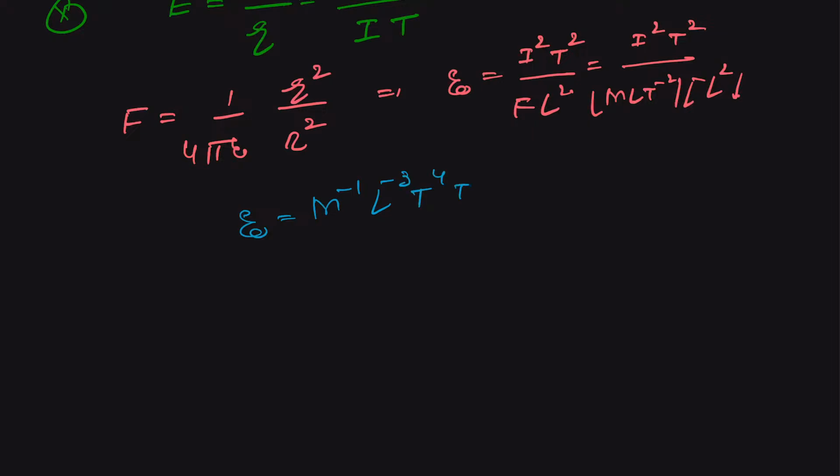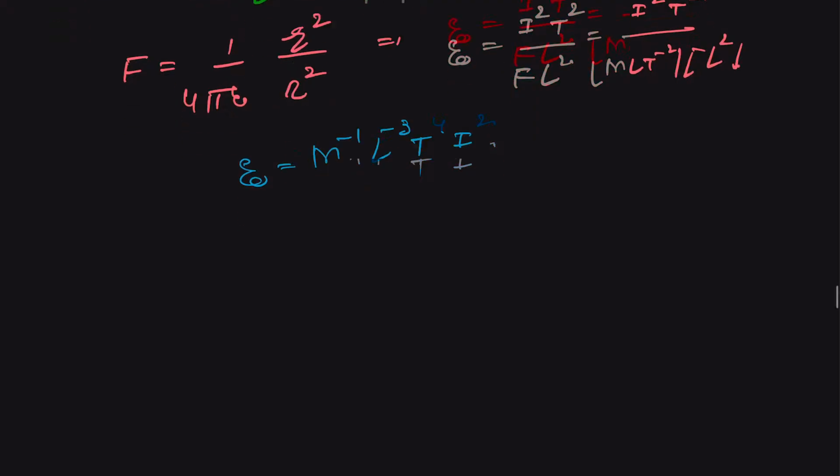Sometimes this current is also represented as ampere, in terms of A, and we are going to multiply both.